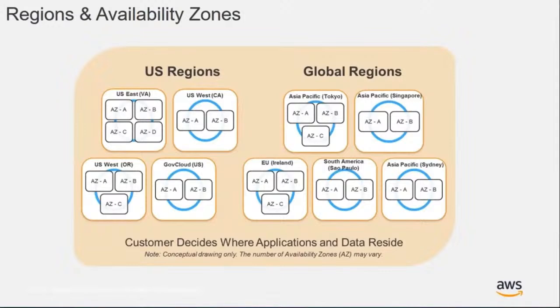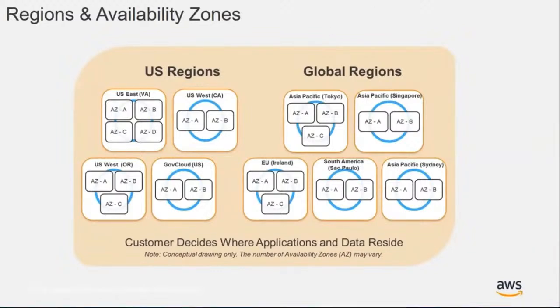So a region is essentially a collection of two or more availability zones in a specific geographic location. An availability zone is an isolated collection of AWS resources, and these are distinct locations within an AWS region. They are engineered to be isolated from failures. Availability zones within a region are connected through low latency links.